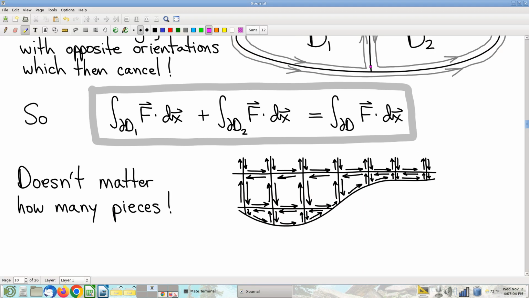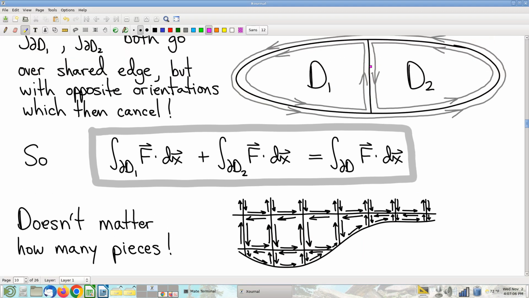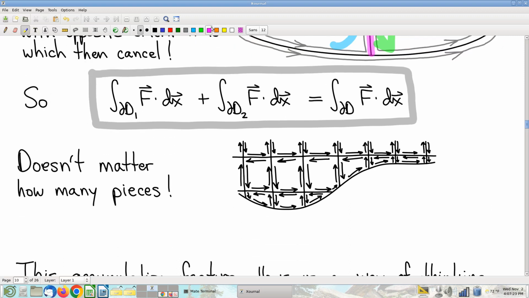So I'll point out that this edge disappeared because I was going one way as part of the boundary of one side, I was going the other way as part of the boundary of the other side, and that's why we had a cancellation, right? Well, the same exact thing happens no matter how many interior pieces you have. If your solid region is like this, and the boundary is whatever, no matter how much you slice it, let's take this edge right there.